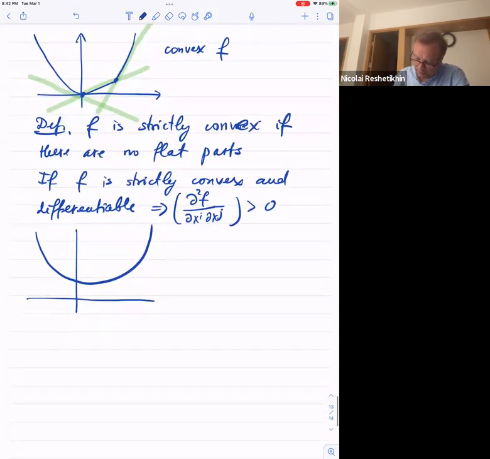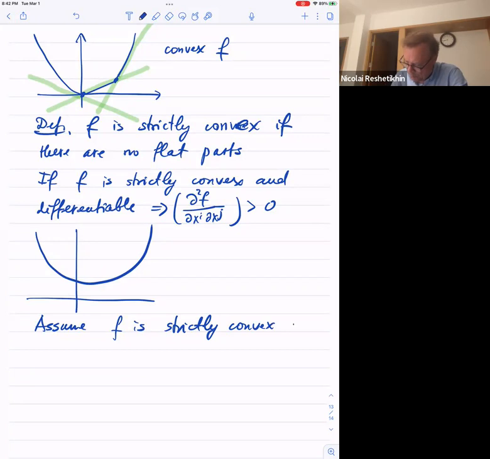Okay, so assume f is strictly convex. By differentiable, I mean sufficiently many times differentiable and smooth.